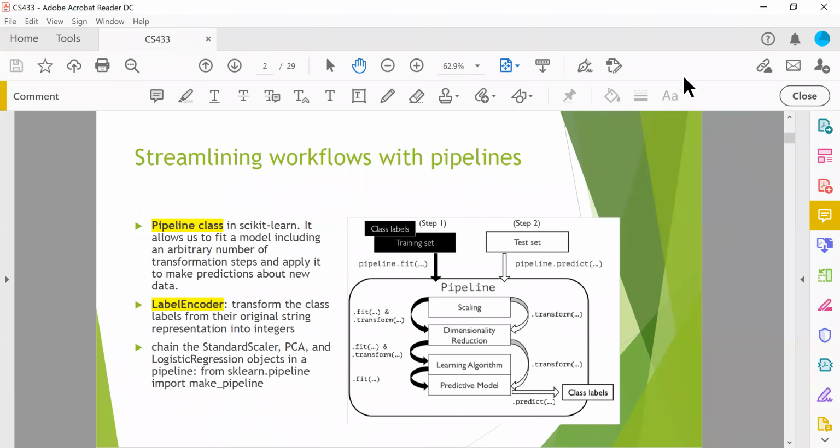So what is this? If you recall, previously we learned about data pre-processing, which is part of your work before you start model training. One part of it is scaling the data.